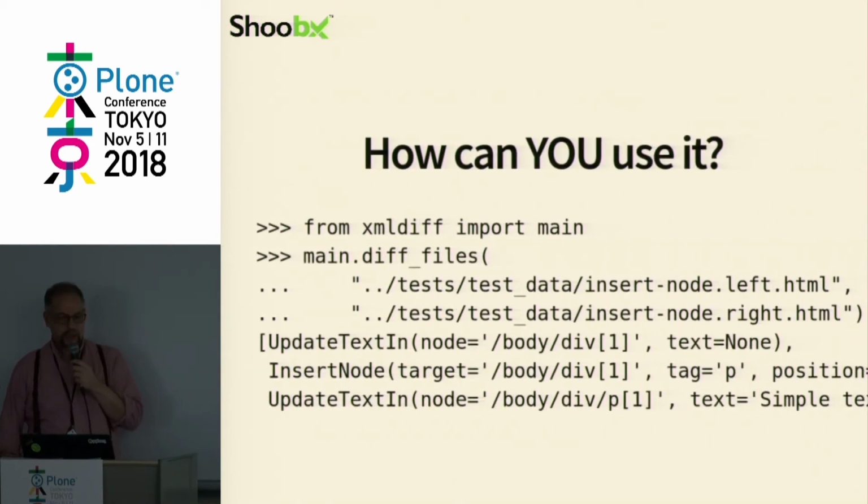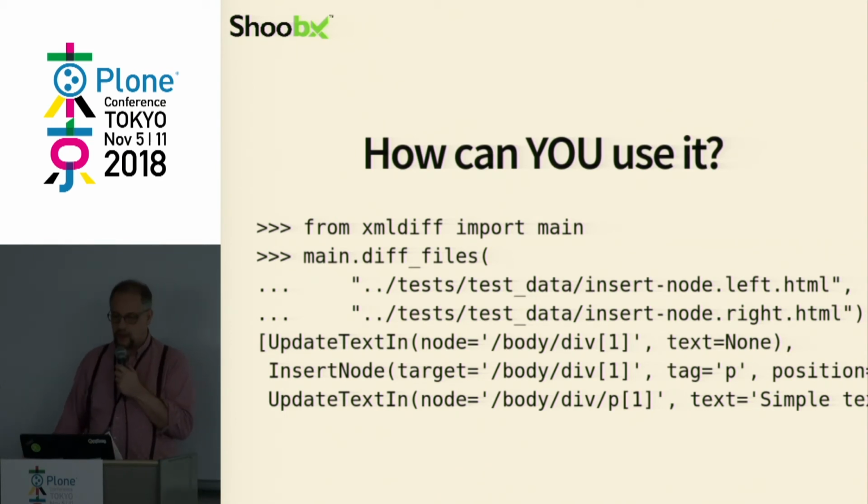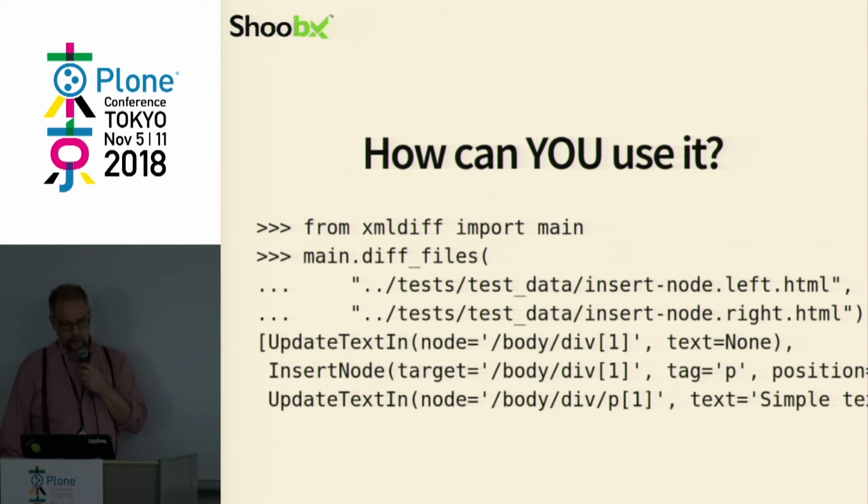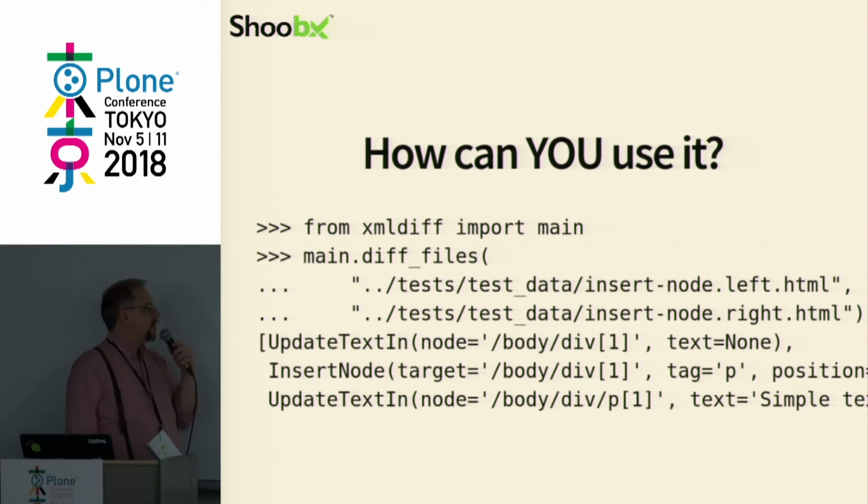How do you then use it? You can, of course, use it from the command line. It has a help. You can look at it. But that's not so exciting. You want to use it from Python, right? And it has a simple API that's designed to be easy to use. So here is one example. You just do diff2 files. So you have a function here. And this function can either take file names or it can take open file objects.